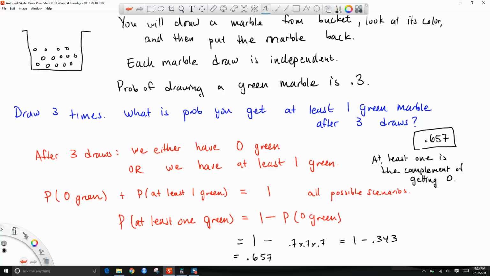You want more examples? Okay, let's say you draw a card from a deck.